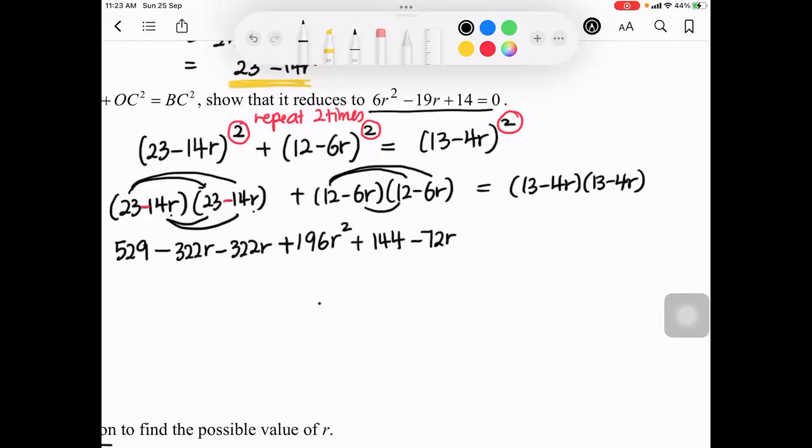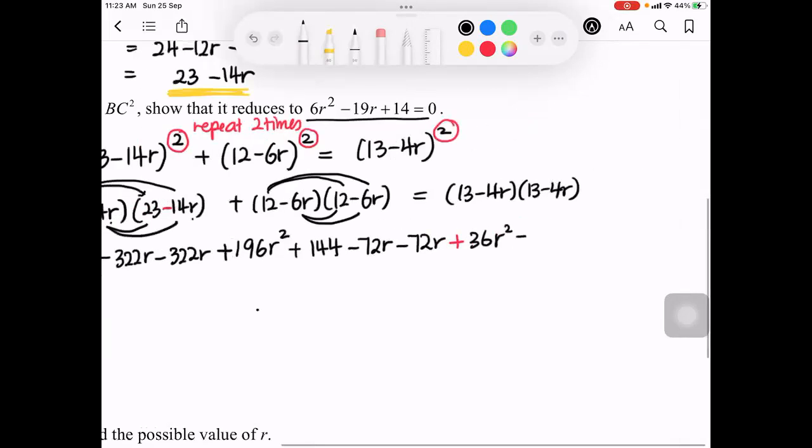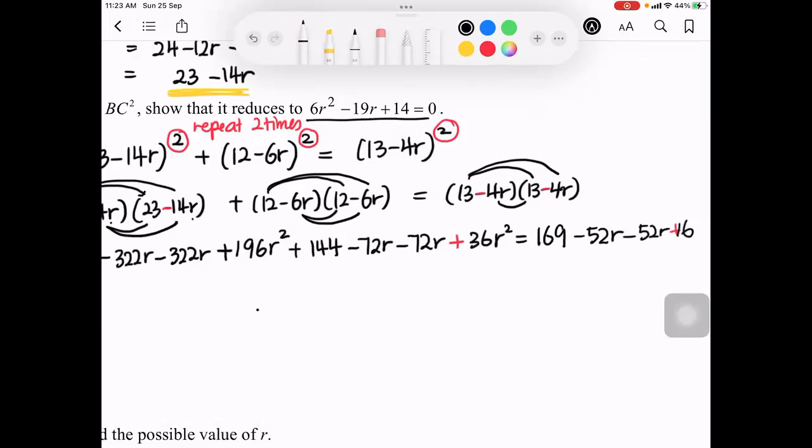Negative 6 times 12, negative 72R also. Negative times negative, positive. 6 times 6, 36. R times R, R squared. Last but not least, 13 times 13, 169. 13 times negative 4, negative 52R, negative 52R. Last but not least, negative times negative, positive 16R squared.